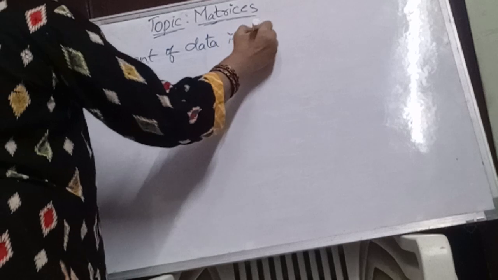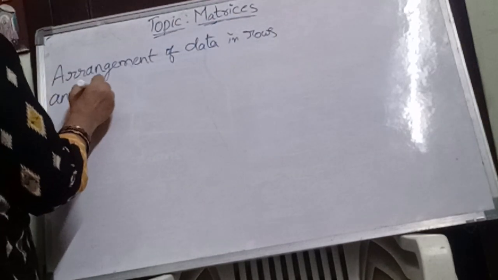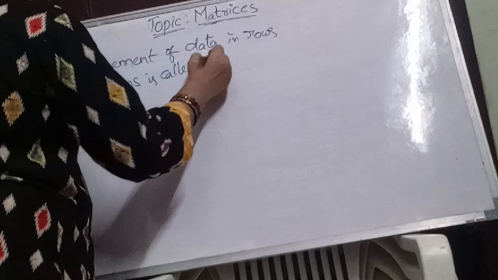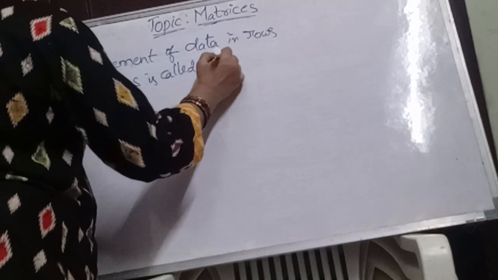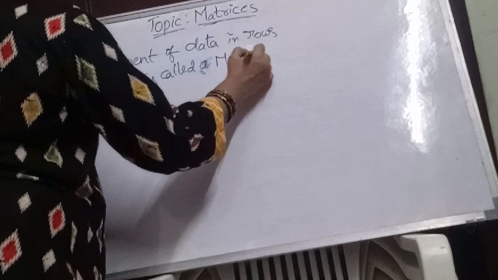Arrangement of data in rows and columns is called a matrix.